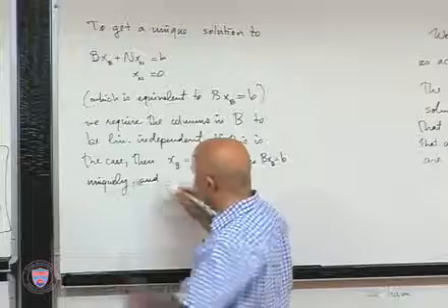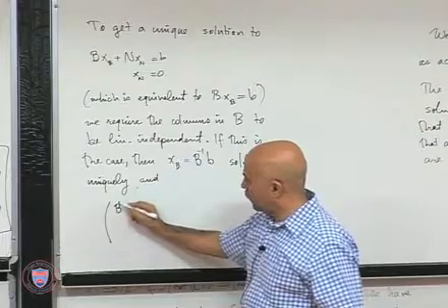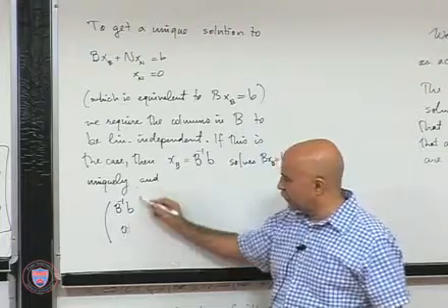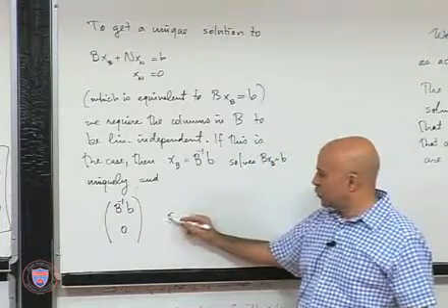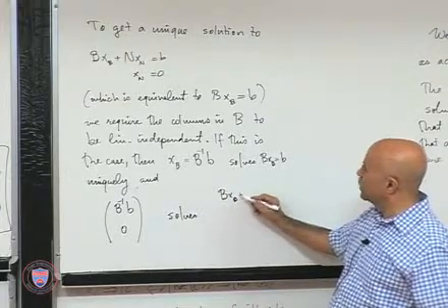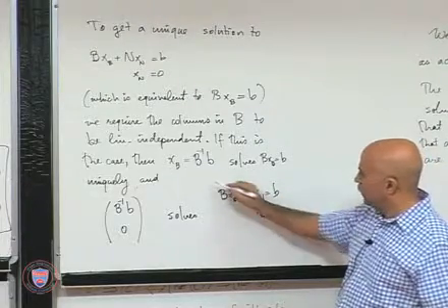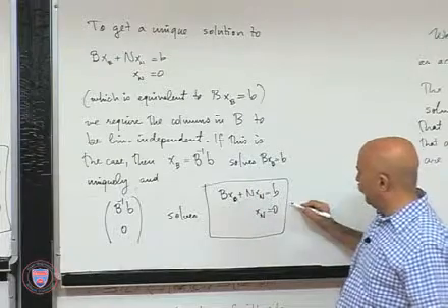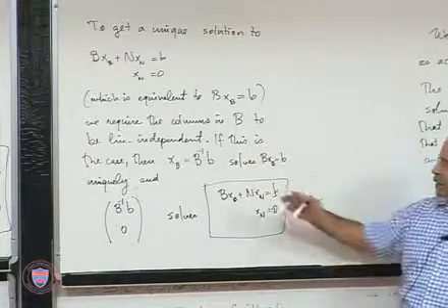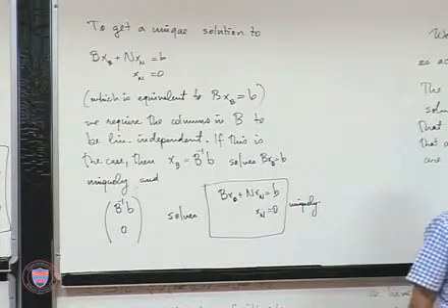And the solution with xp part consisting of B inverse B and xn part consisting of a vector of zeros solves the system Bxp plus Nxn equals B and xn equals 0 uniquely. Okay? Because that system is nothing but this Bxp equals B system. They are the same. Okay?